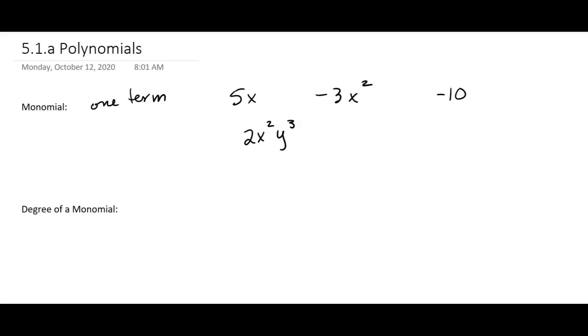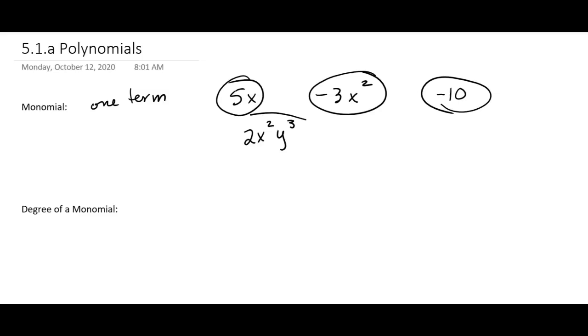Those are all examples of monomials. A monomial can have multiplication in it, like we have here. It can just be a constant, a number, and it can have more than one variable. But notice that you have multiplication in that last term, not addition and subtraction. So in a monomial, everything is being multiplied together.